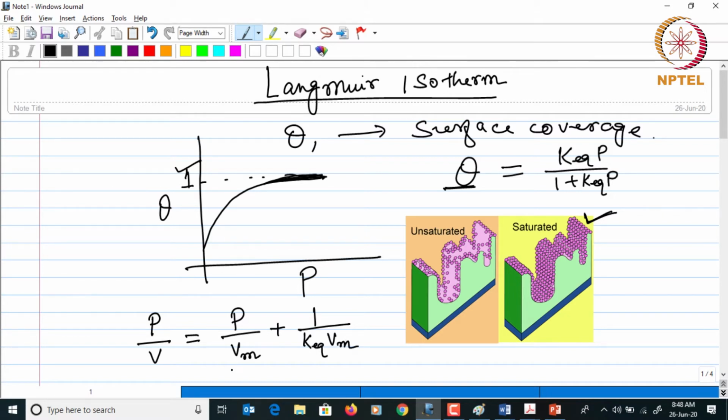Right. So here Vm is the volume of the gas corresponding to the formation of the monolayer.